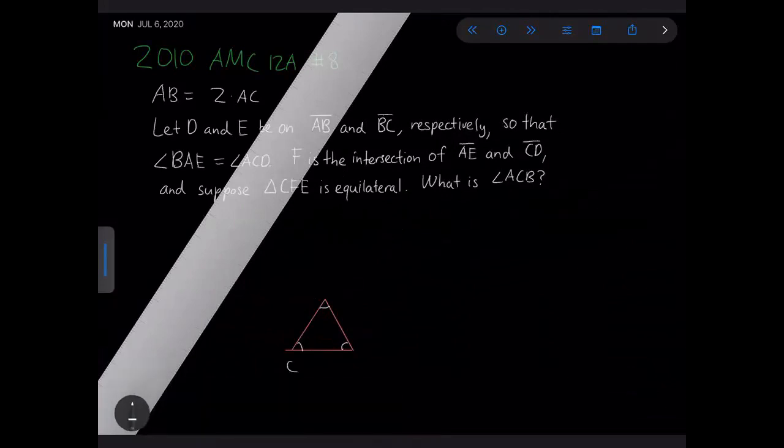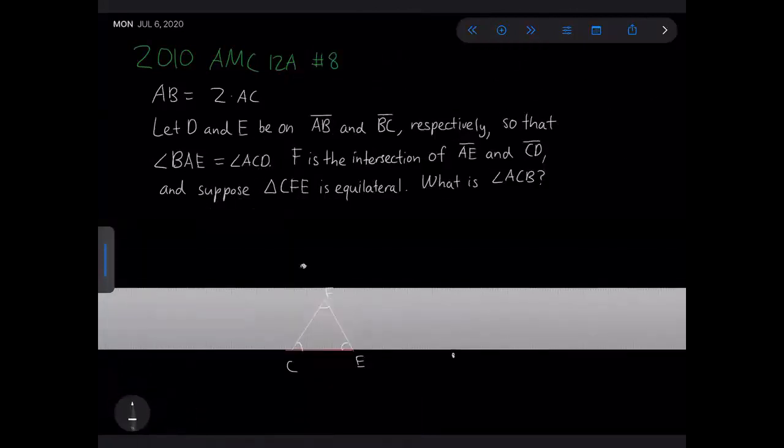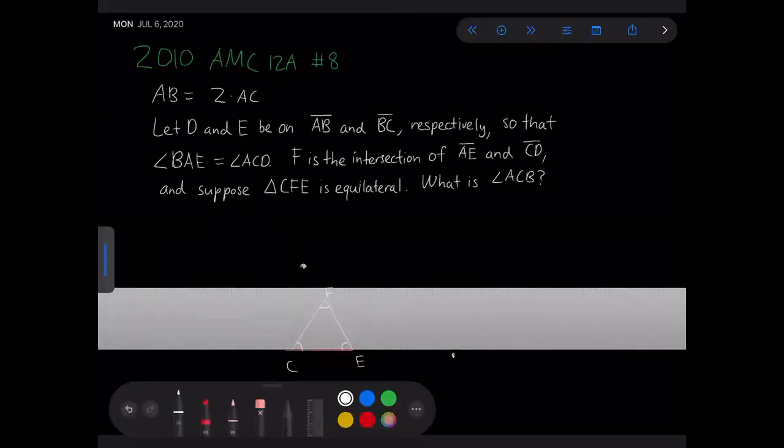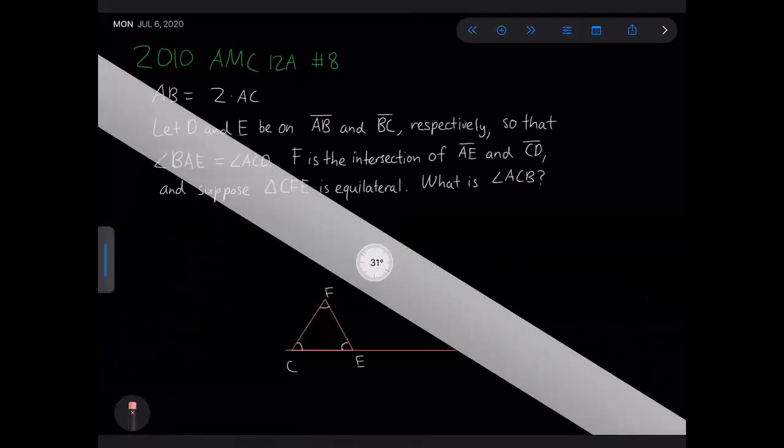So when we label this, we're going to have a point like B over here and a point A over here. And this angle, let's actually draw the entire thing out now. It's going to look something like this.